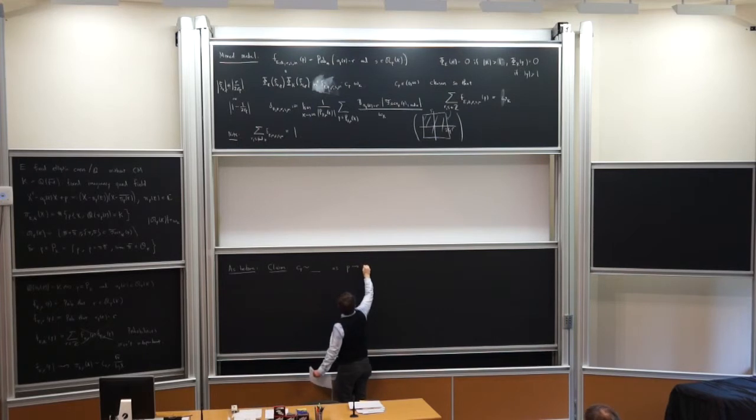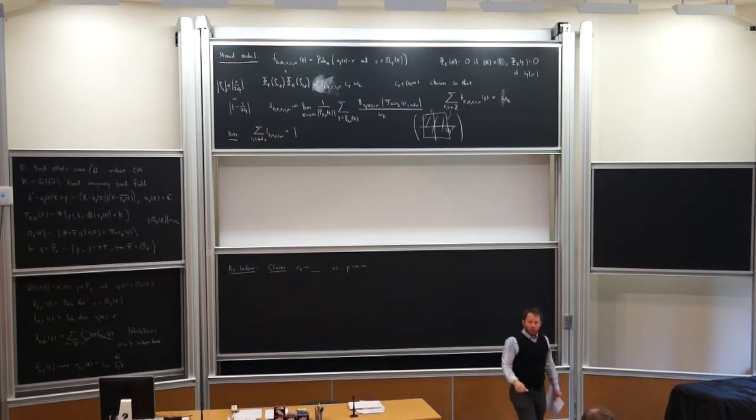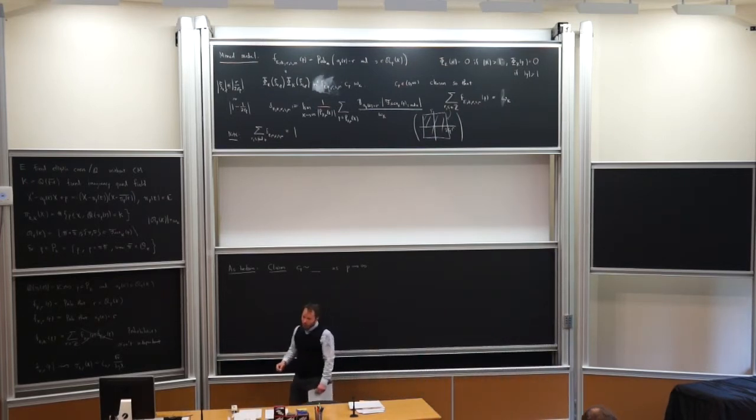Okay, let's try to guess what the answer is. In the previous two cases, we got 1 over 2 root P. That was kind of a one-dimensional version, okay? So what should we expect this CP to be asymptotically as P goes to infinity? Well, there are kind of two factors of 1 over 2 root P, so you might expect it to be 1 over 4P.